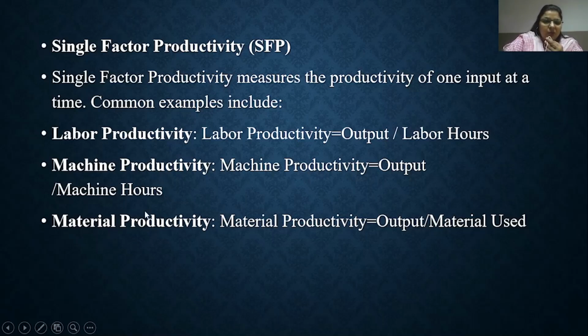How much time is taken by the machine and how much output it produced can be calculated through the output upon machine hours. Next one is material productivity. Material productivity is equal to the output divided by the material used.